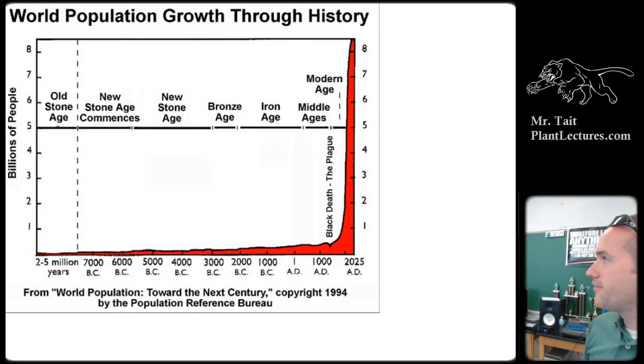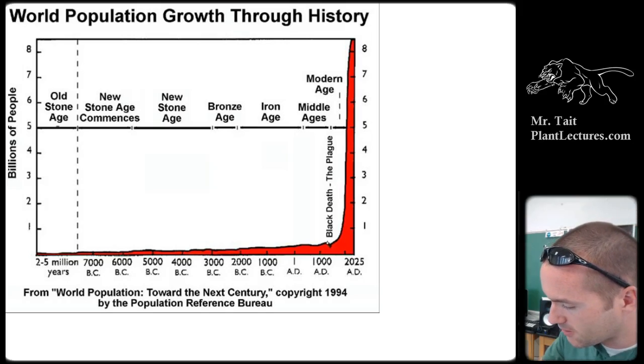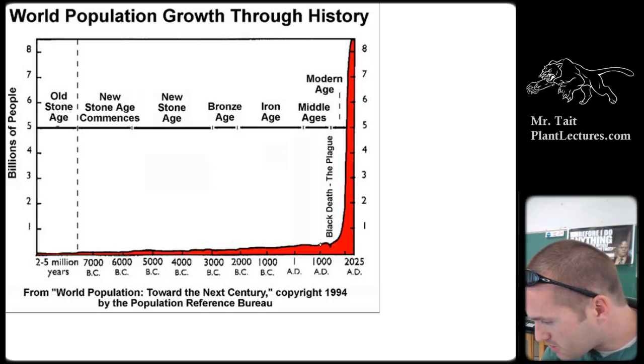Here's a graph of the world's population through history. Here's the plague, that was the one little dip there, right? There was also the beginning of exponential growth happening here. You might have seen exponential growth happen right here.